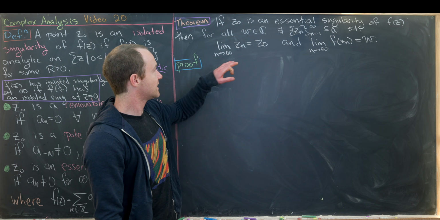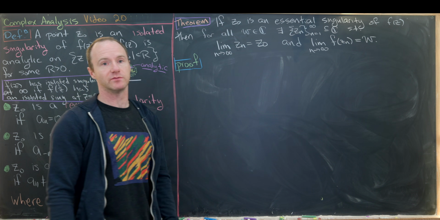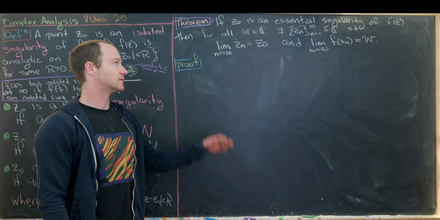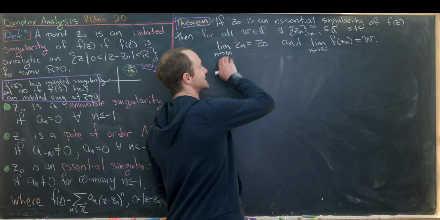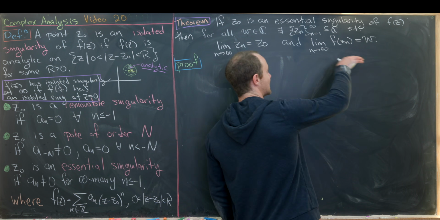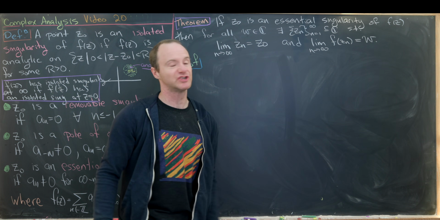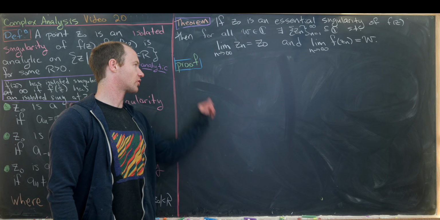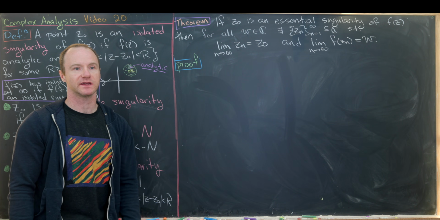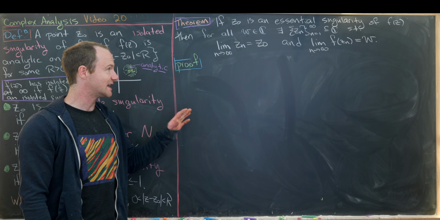So the important thing here is that for all w in C, we can find a sequence where that sequence approaches the singularity and the output of the function approaches anything we want. So again, this sort of tells us how crazy this essential singularity is. Okay, so let's get into the proof.